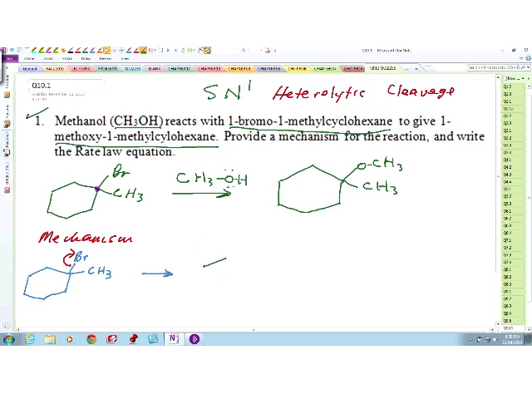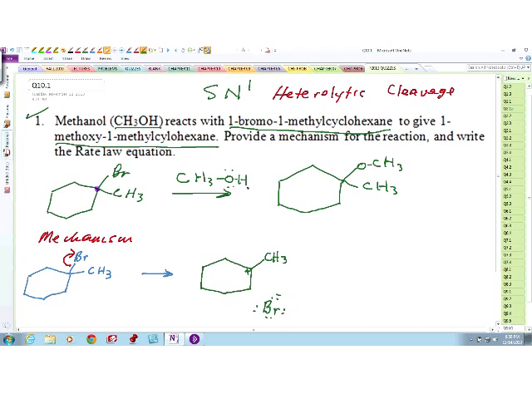In this case, you form a tertiary carbocation in which this carbon here is positively charged, and of course, the bromide that has left is here, and that is your leaving group.